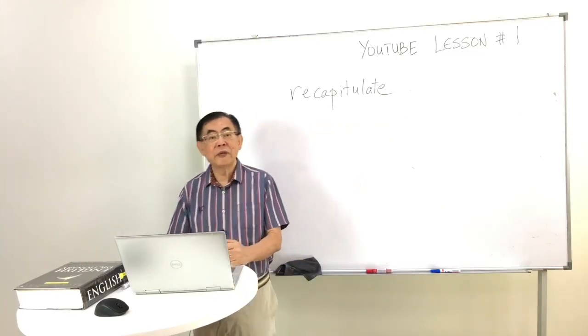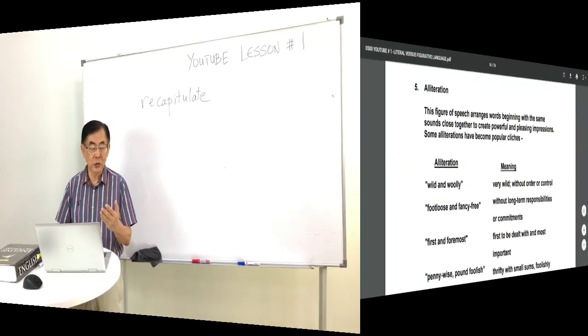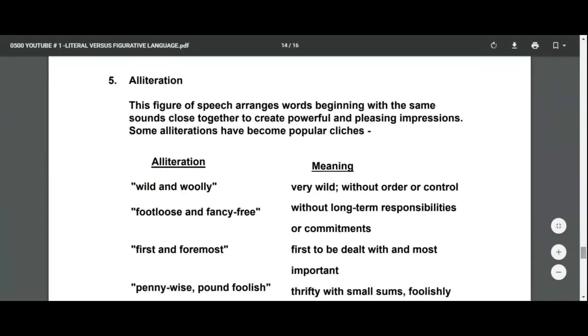The fifth figure of speech that I want to bring to your attention is alliteration. There are several more, but let's just deal with these five in these first two classes. Alliteration is a figure of speech that arranges words beginning with the same sounds close together to create powerful and pleasing impressions.